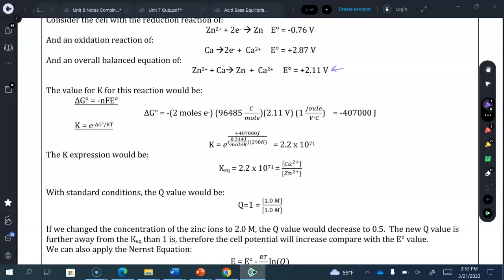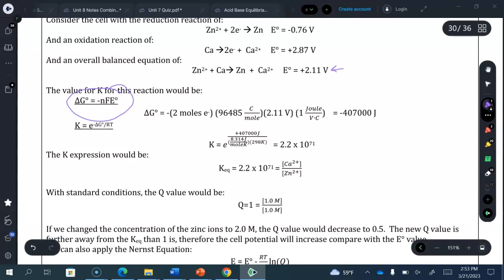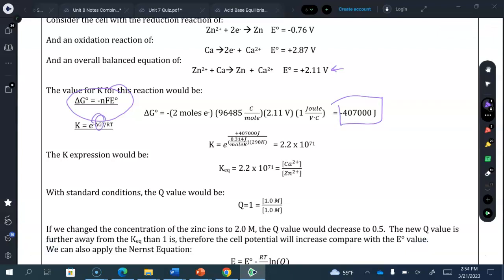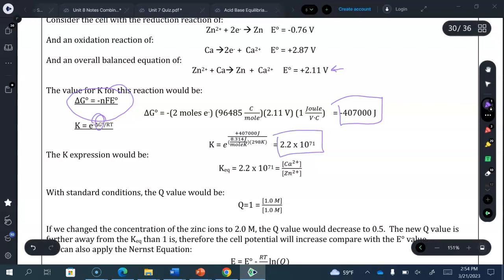The value for K, if we plug it into this equation, and then we rearrange a little bit, we end up finding G, and then we can plug G in here, and we find K, which is super huge. Look at that, 71st power.